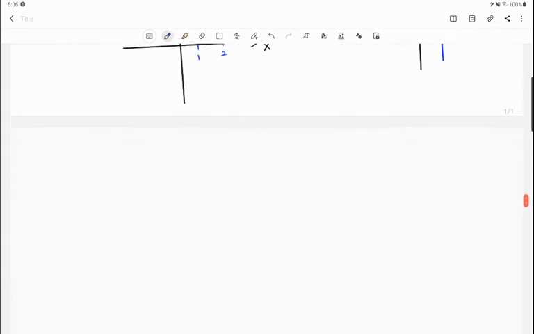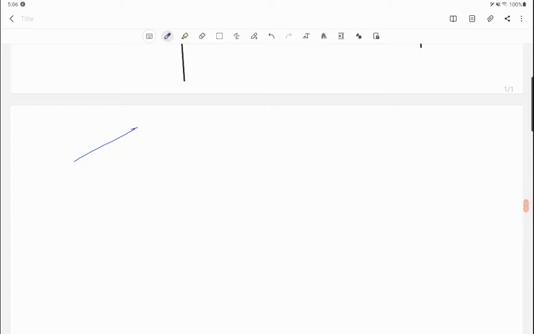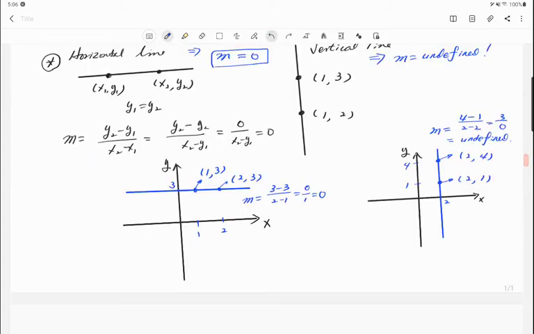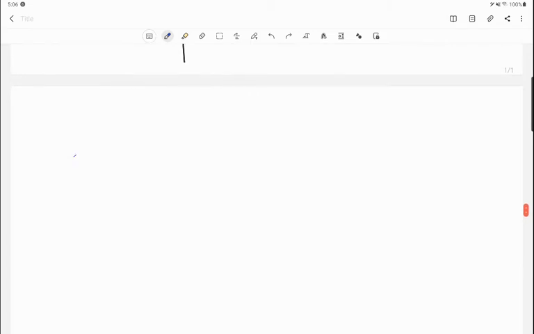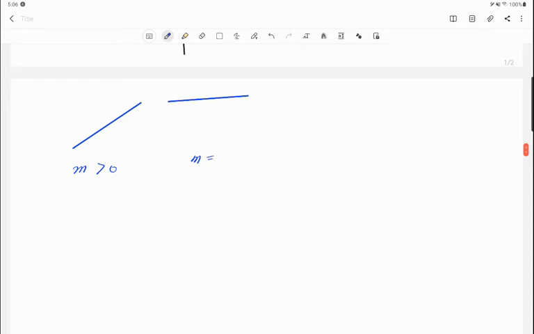So let me summarize this. If a line goes up, like this, then the slope is what? Slope is positive. If the line goes straight in horizontal, then the slope is what? 0. Slope is 0.